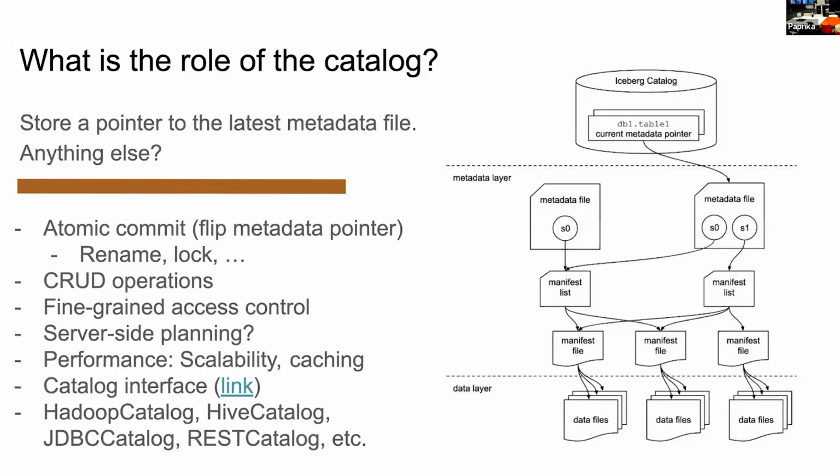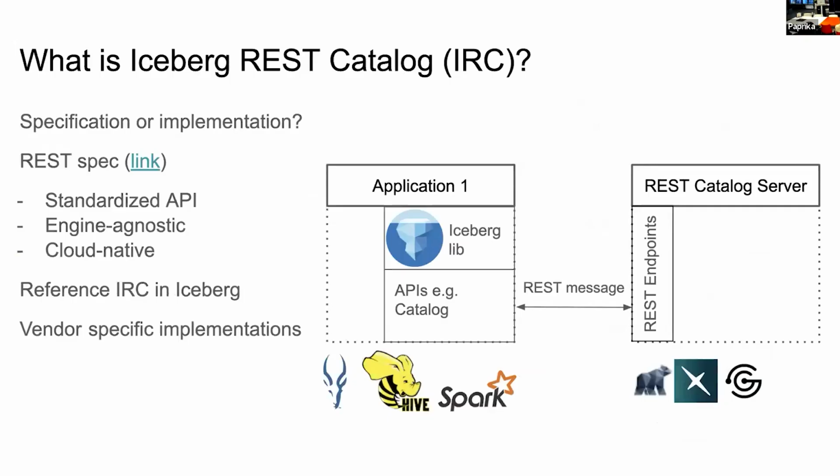So let's drill down into what the REST catalog actually is, coming from the Iceberg library's perspective. What the Iceberg library has on catalogs is a specification for the REST catalog. That is part of the Iceberg library. That's a long one.